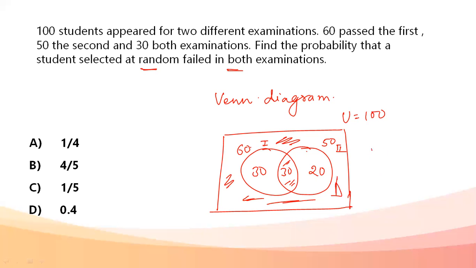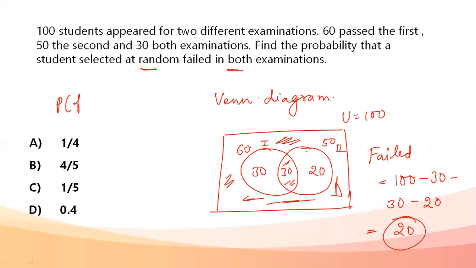So if I find out the students who failed, total class 100 minus those who passed only the first subject minus those who passed only the second subject minus those who passed both the subjects. So it becomes 100 minus 30 minus 30 minus 20. So students who failed in both the examinations comes out to be 20. Now I need to find the probability of failing in both.